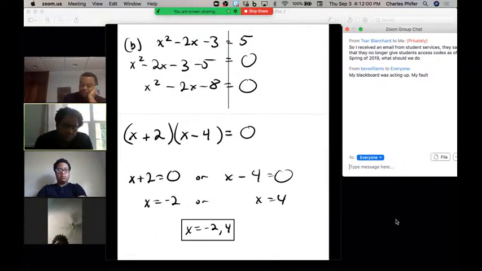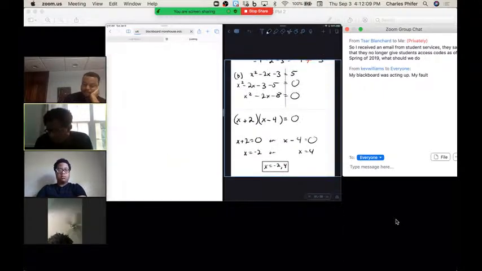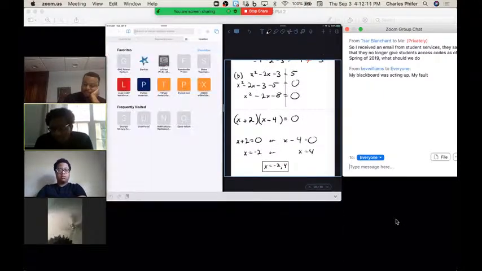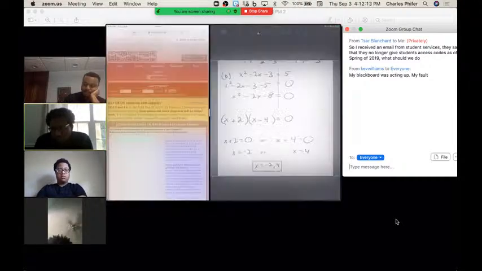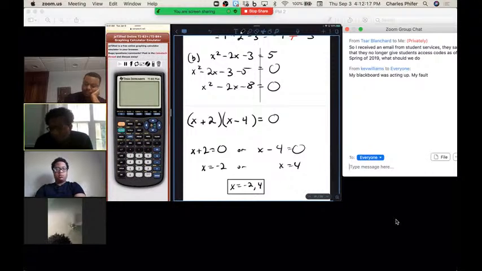So what I'm going to do is use my calculator, just as a demo. The original, we got x squared minus 2x minus 3. So I'm going to go to my y equals.